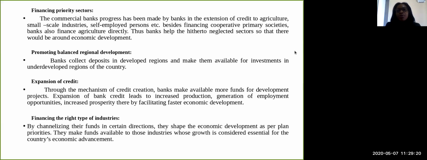Thus, banks help the neglected sectors so that there would be all-round economic development.